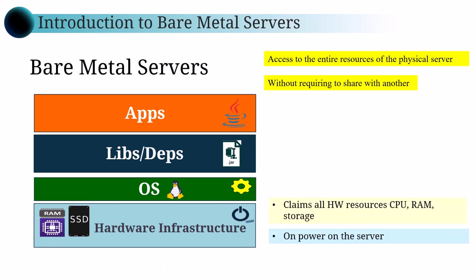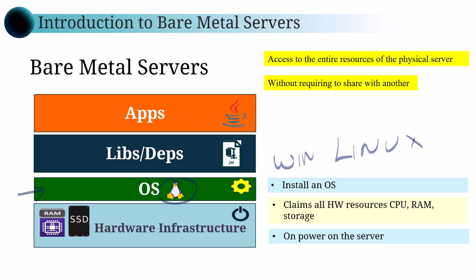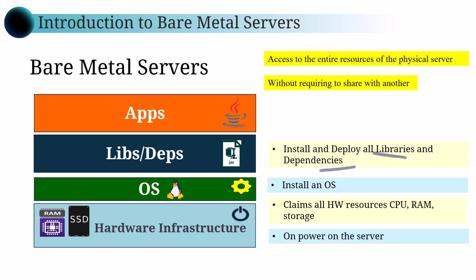When you power on the server, it will claim all the hardware resources like CPU, memory, and storage. Post that, you will install your operating system, which can be Windows or Linux. After that, you would be installing and deploying your libraries and dependencies.